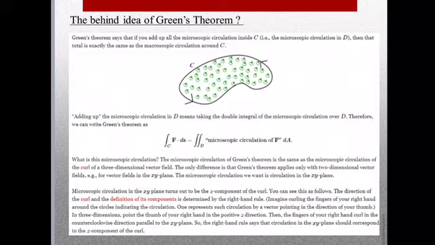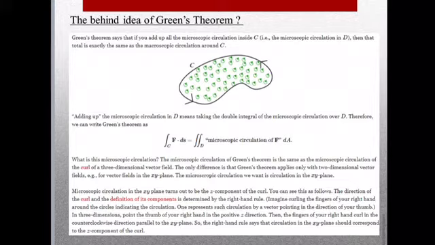Besides, the microscopic circulation in the xy plane turns out to be the z component of the curl. As you can see, the direction of the curl and the definition of its component are determined by the right-hand rule. Imagine that by curling the fingers of your right hand around the circles, indicating the circulation, one represents such circulation by the vector pointing in the direction of your thumb.